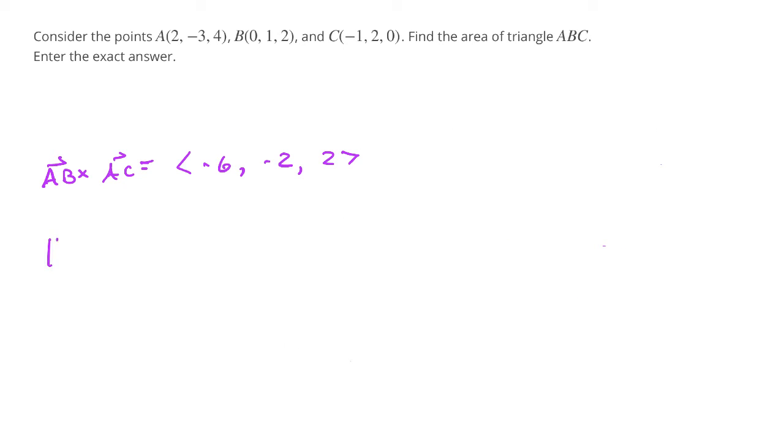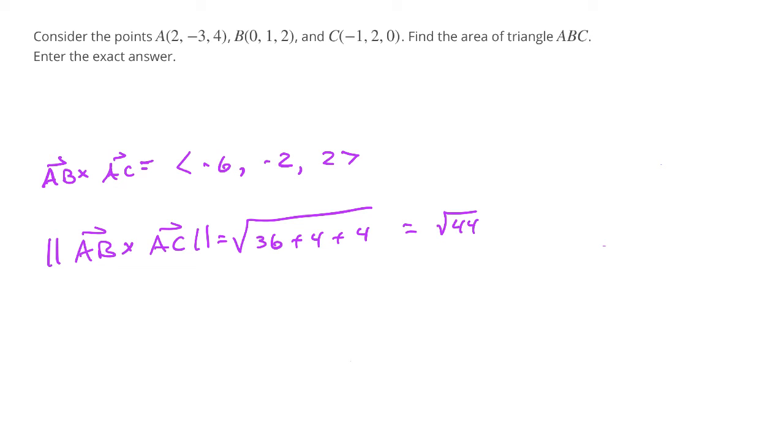So for the length of that cross product, we are going to have the square root of 36 plus 4 plus 4. So we have the square root of 44, which is 2 times the square root of 11.